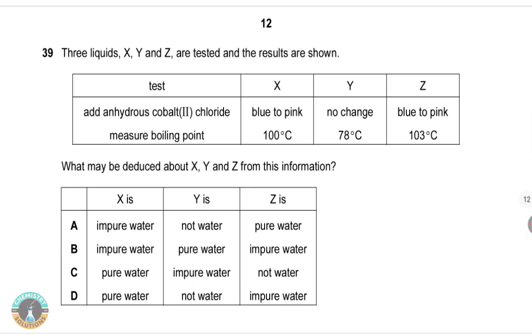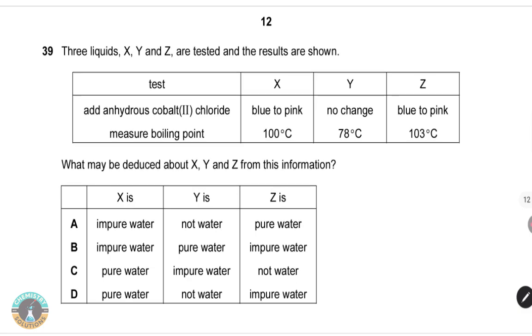Basically this is the test for water, when cobalt chloride turns from blue to pink, from anhydrous to hydrated. So it's correct. At 100 degrees centigrade, it means it's pure.